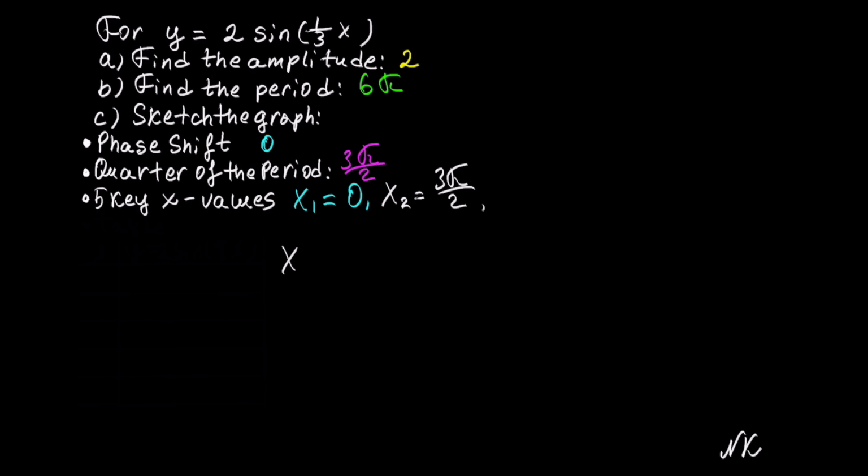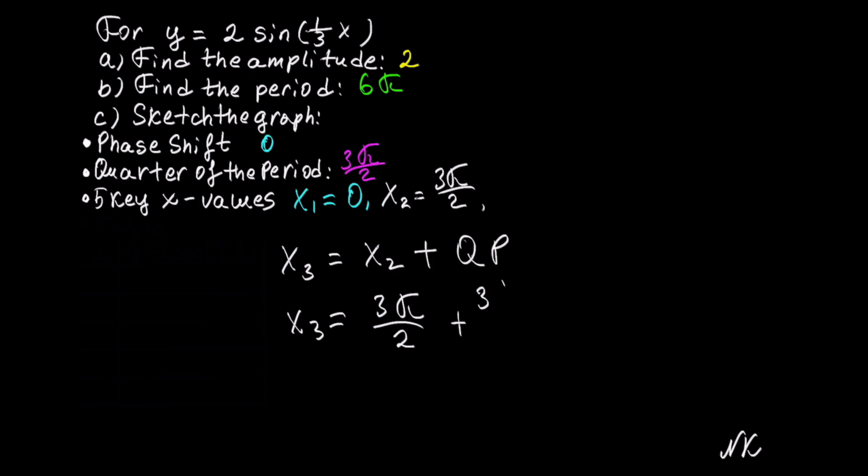The next, x3, is equal to, we need to take the previous x2 and add a quarter of the period to it. So x3 is equal to 3 pi out of 2 plus a quarter of the period, which is 3 pi out of 2.